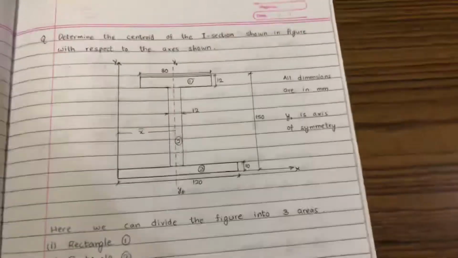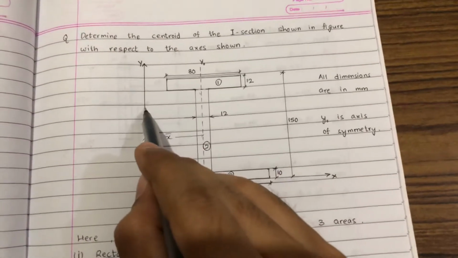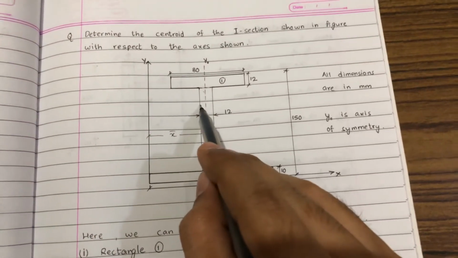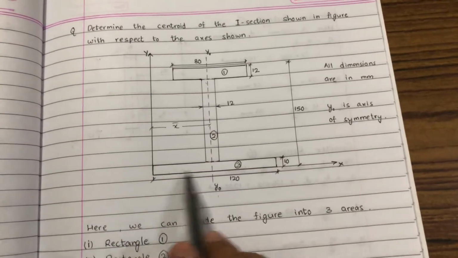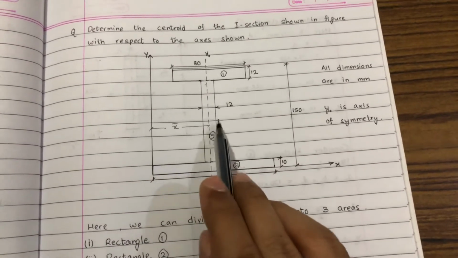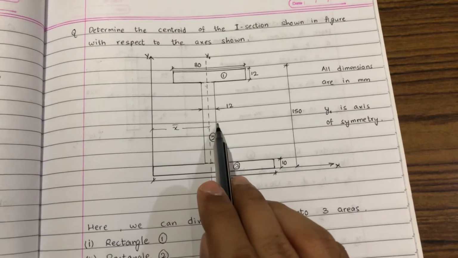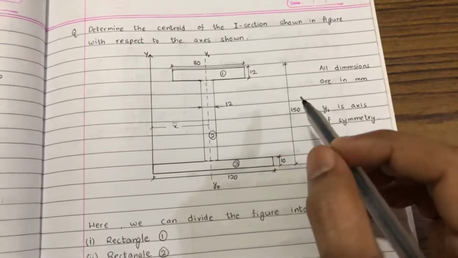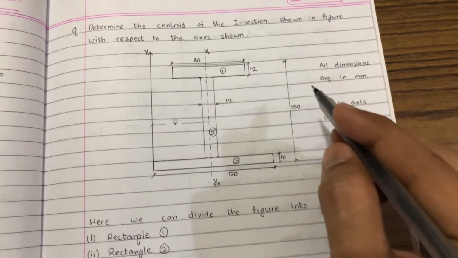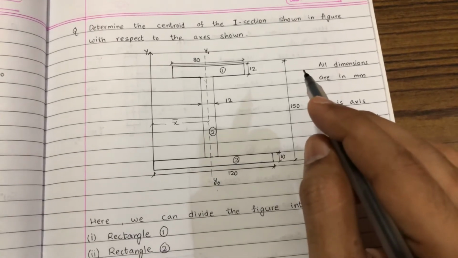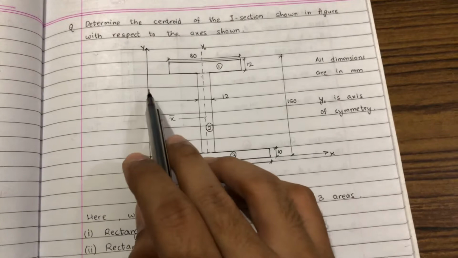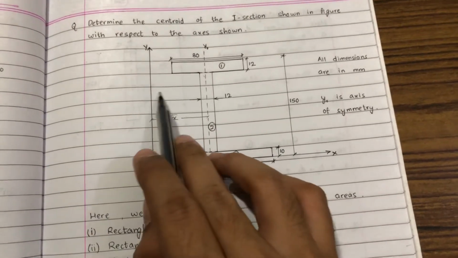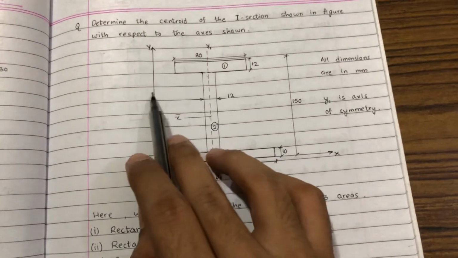This distance will be equal to 120 minus 12. 120 minus 12 is 108, sorry, and 108 divided by 2 will be equal to 54. So this distance will be equal to 54 mm.